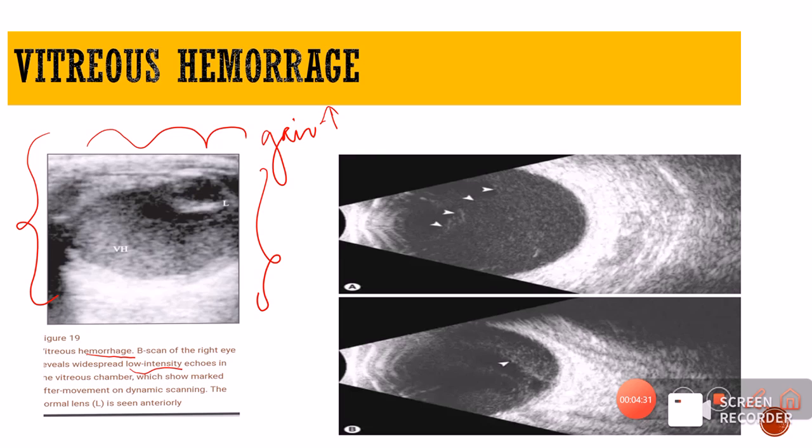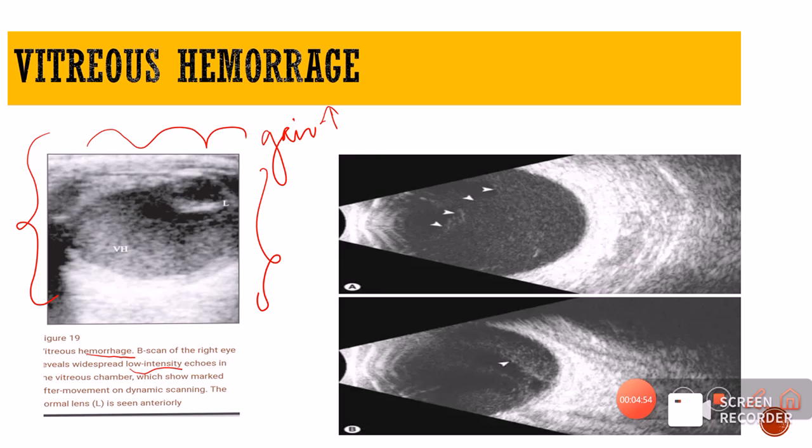And one more thing, as I told you about the kinetic or dynamic B scan in my second part on the B scan course, anything present in the vitreous will show movement. So even vitreous hemorrhage will show after-movement with the movement of the eyeball.